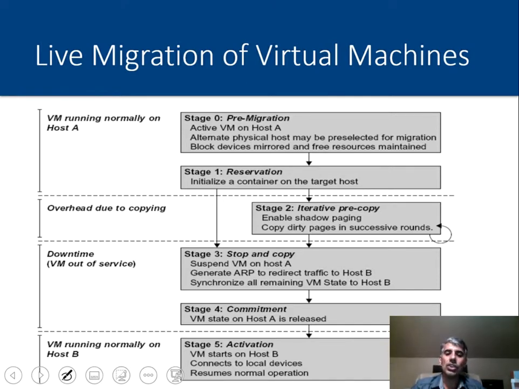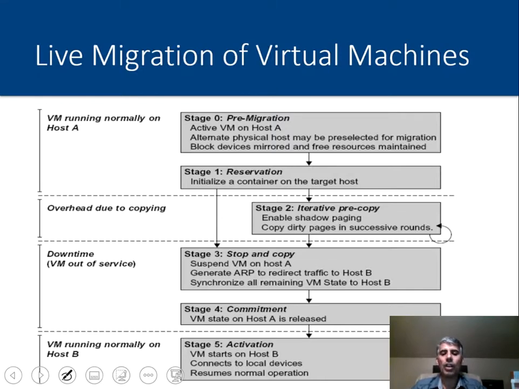In that stage, which is stage 3, we do the stop operation and basically do some further work, including the network redirection. Let's say the requests coming to the old host now have to be redirected to the new host from the network perspective. So those types of affairs are done in stage 3, and then the change is committed, which means that we are transitioning to the new state.